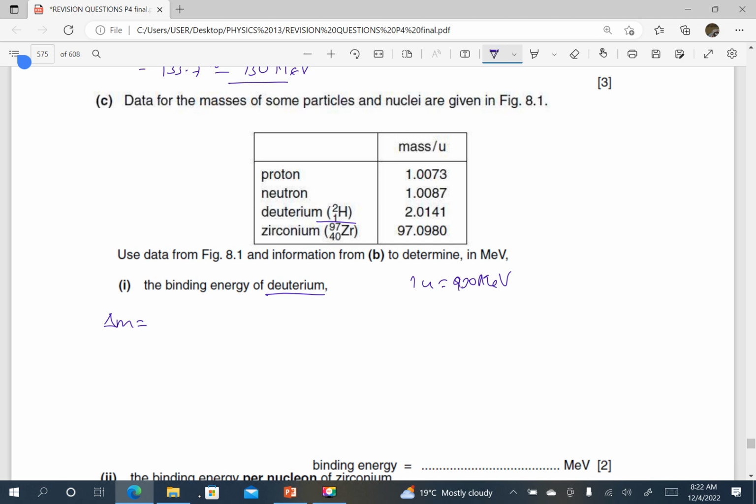We expect that the total mass of the nucleons should be greater. H-2 1 has one proton and one neutron. So one proton, that is 1.0073, plus one neutron, that is 1.0087, minus the mass of the stable nucleus, 2.0141. Answer.